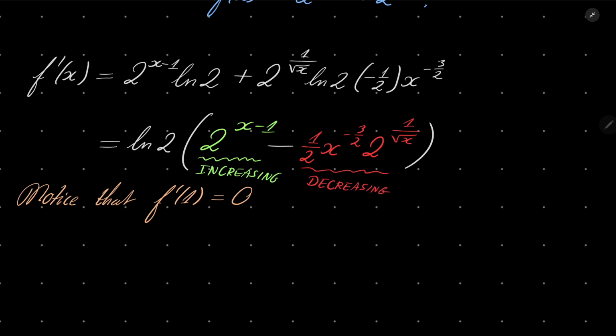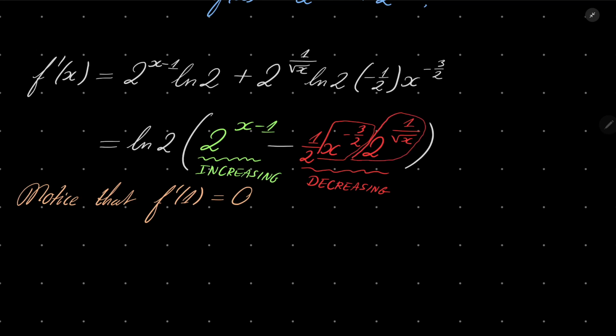Why is that? Well, the first part, the 2 to the power x minus 1 is increasing, is rather obvious. Why is the second part decreasing? Well, because we have a product of two decreasing functions. X to the power minus 3 over 2 is decreasing because of the negative exponent. And also 2 to the power 1 over square root of x, 1 over square root of x is decreasing.